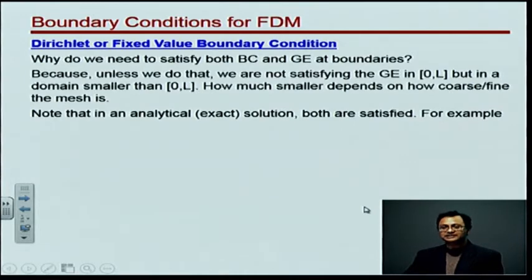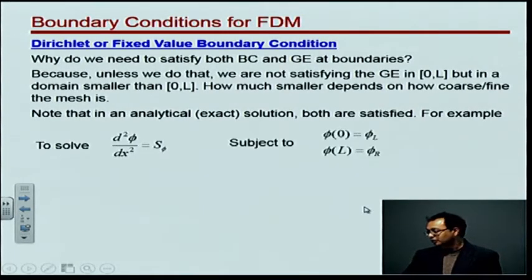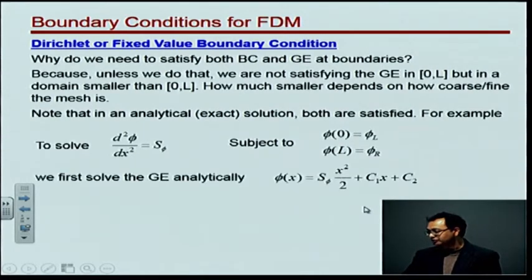So if you think about the steps that we take to solve this problem analytically, here's what happens. You start with the differential equation, and you have two boundary conditions. So first thing we do is we integrate this twice to get our phi of x, right? So first step is d phi dx becomes s phi times x plus c1.